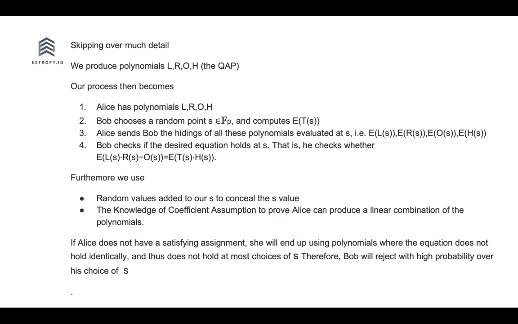From that, he can assume that Alice or Peggy, who produced these polynomials, really had the correct values in the constraint system, really had the correct inputs to the program, which means that she really did know this secret value that she was trying to prove.